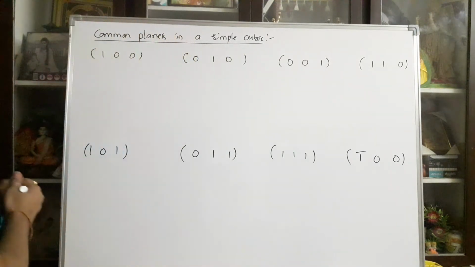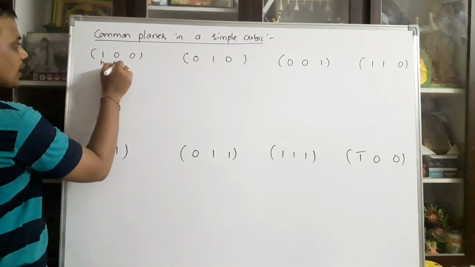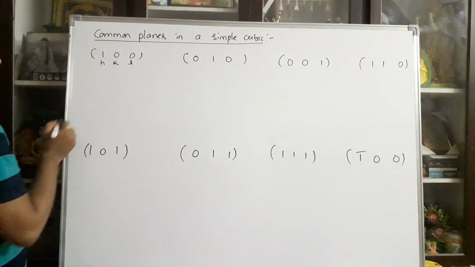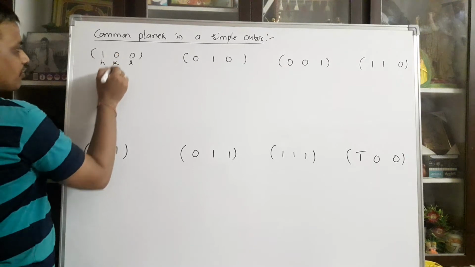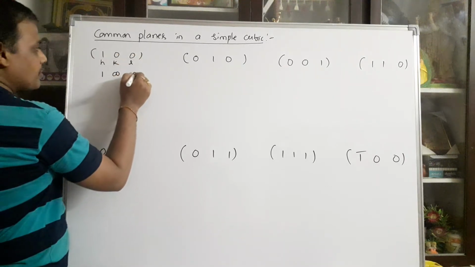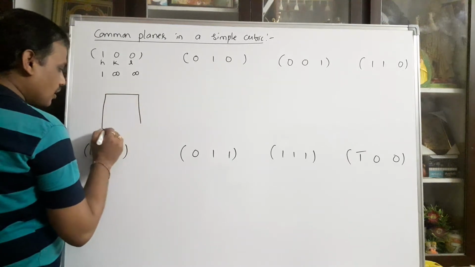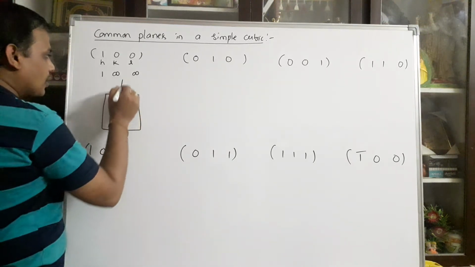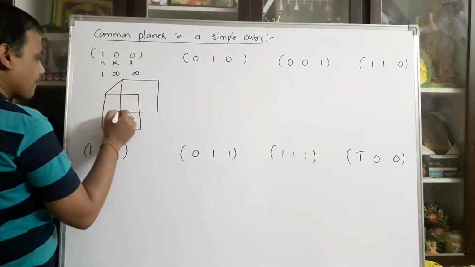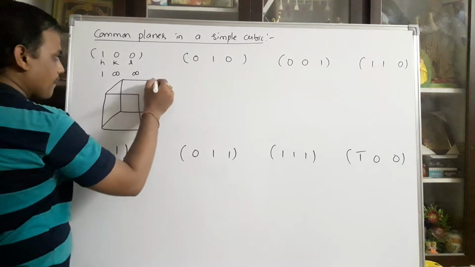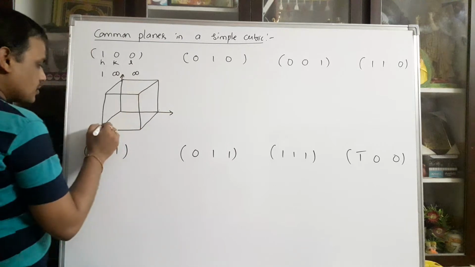For this case, first you can take the Miller indices, nothing but h, k, l. We want to know the intercepts. Here the intercepts are 1 by 1, nothing but 1, 1 by 0 nothing but infinity, and 1 by 0 nothing but infinity. You can take one crystal having unit length. For directions, you can take the crystallographic axes.